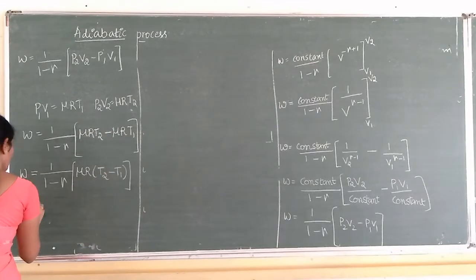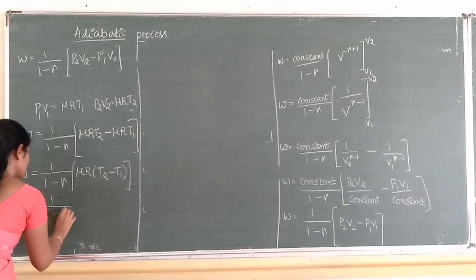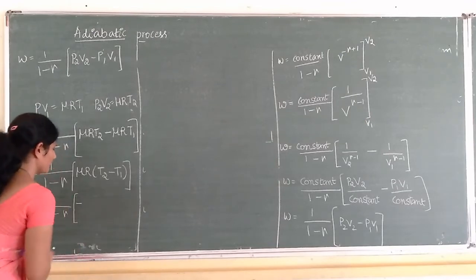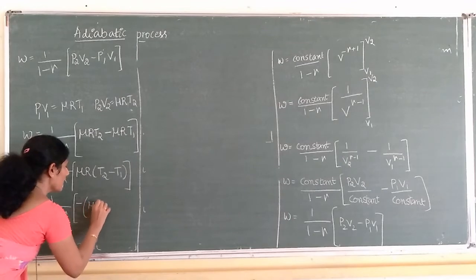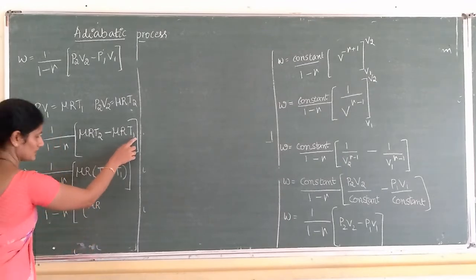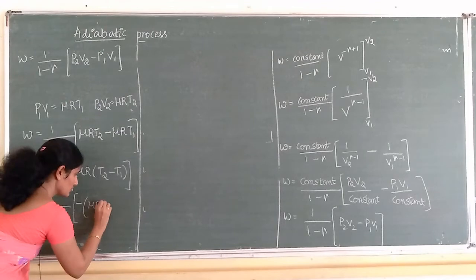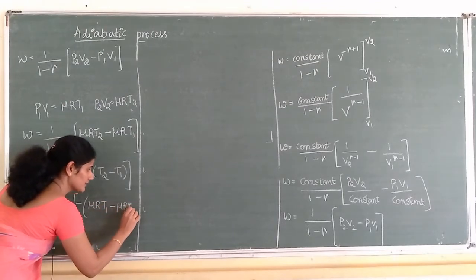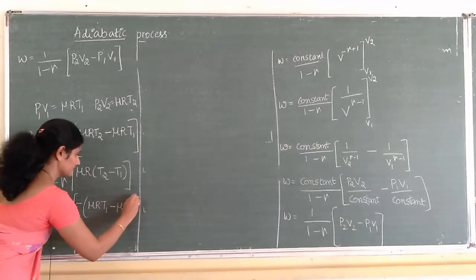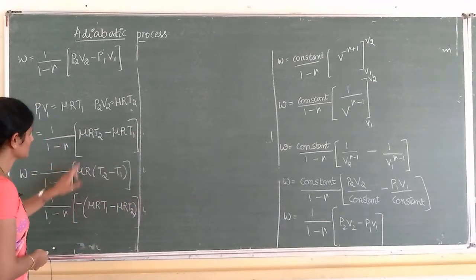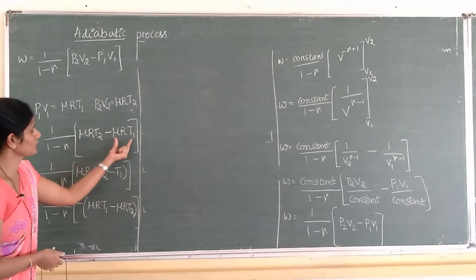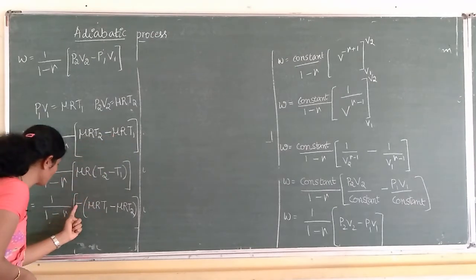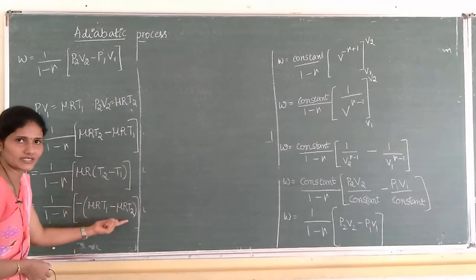W is equal to 1 by 1 minus gamma into minus of mu r T1, minus minus mu r T2: mu r T1 is negative, and mu r T2 is positive, since minus into minus is plus.